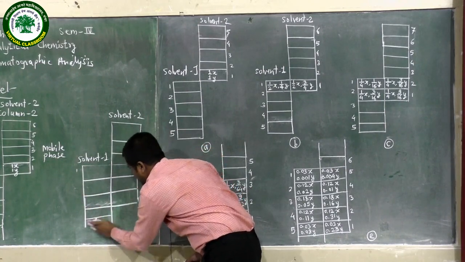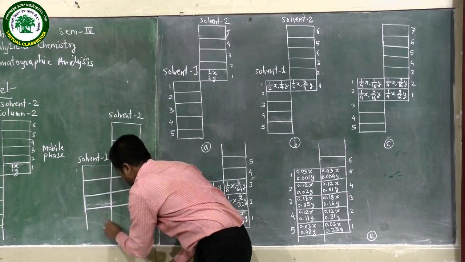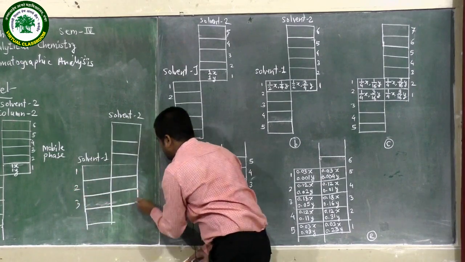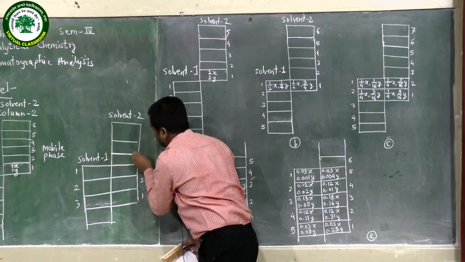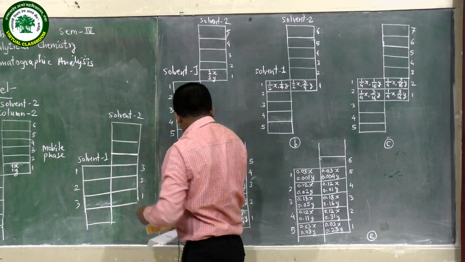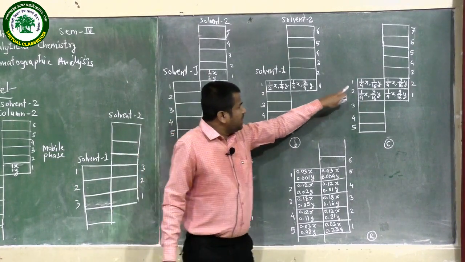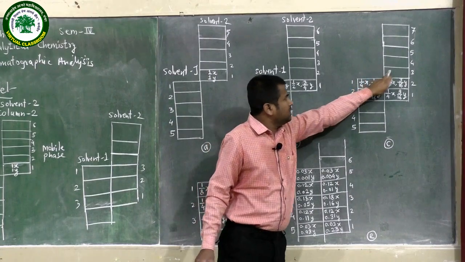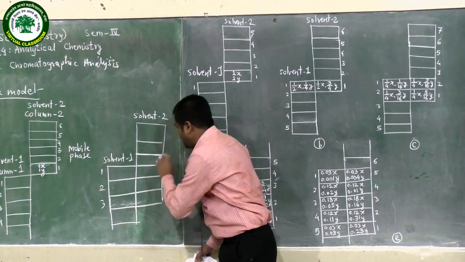Okay, so the picture is 1, 2, 3, 1, 2, 3. So what do we get in the picture? In front of the first box of solvent 1, we get this box, that is the third box, this new box.